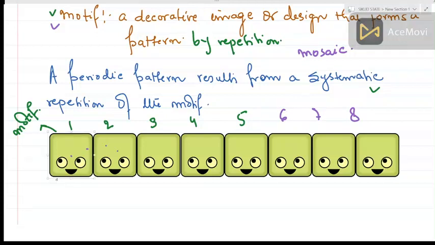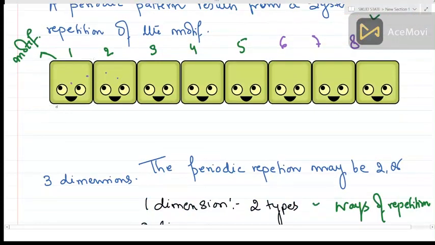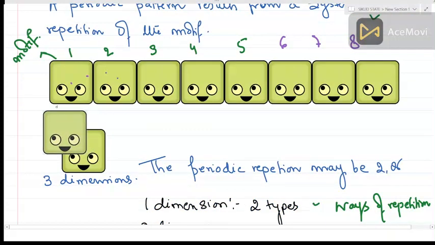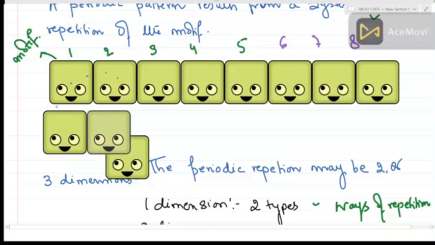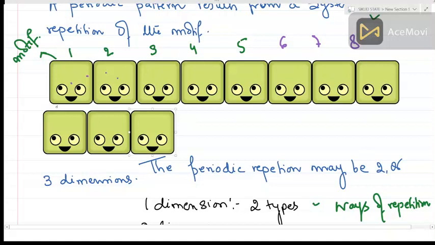Let me show you with an example. Suppose I copy this figure and I paste it here. Again I am pasting this diagram here, and I can go on pasting this square side by side. So what is happening? What you see is that there are 8 identical squares.